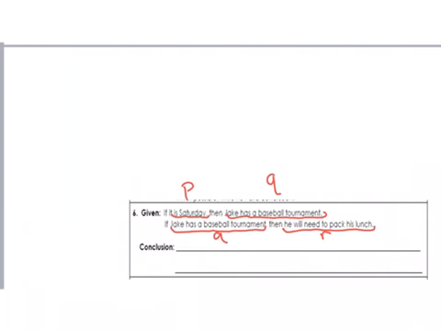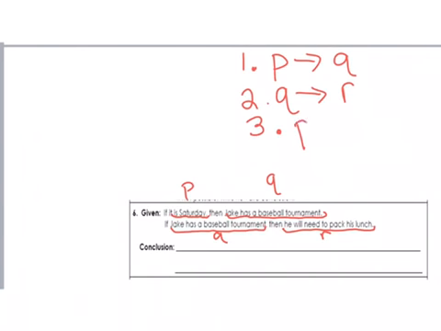Well, I have two conditional statements, so law of detachment is out. I'm going to write my symbolic map for the law of syllogism. It says P goes to Q. Number 2, Q goes to R. Number 3, P goes to R. This is my conclusion right here.